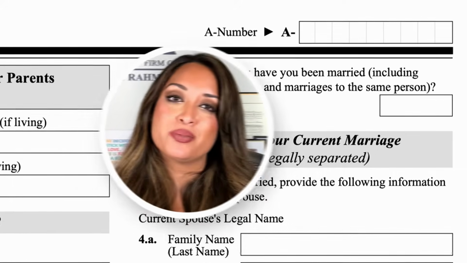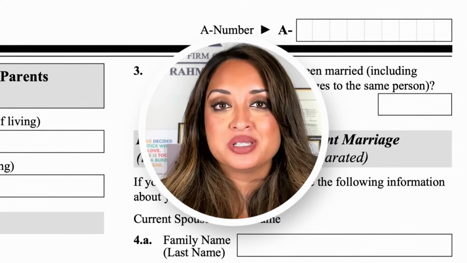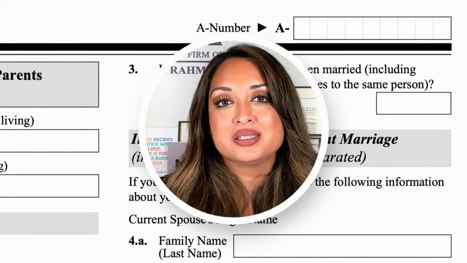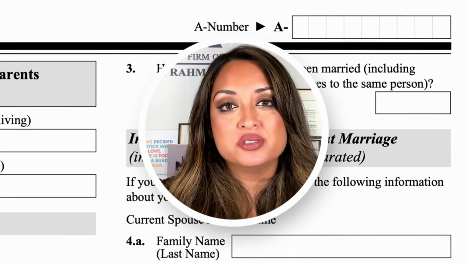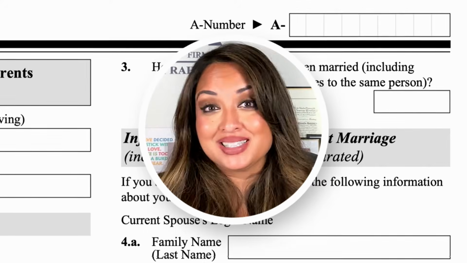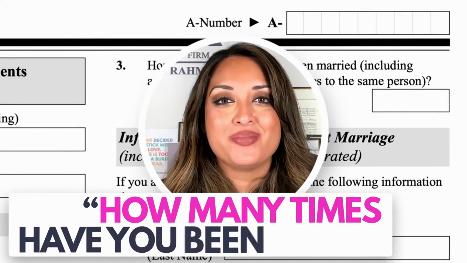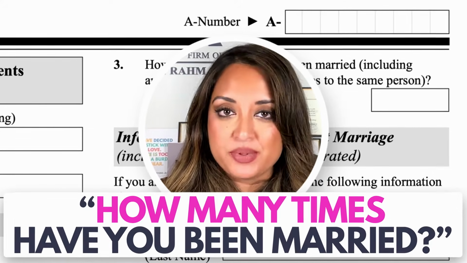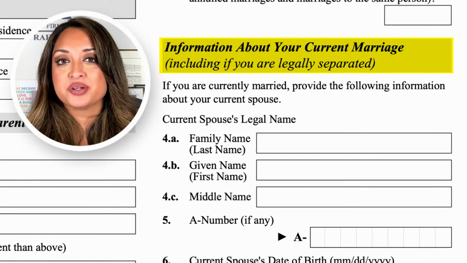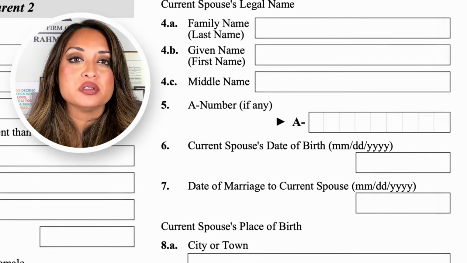But if you have ever been previously divorced or had a previous annulment, or even sometimes if you divorce your partner and then you get married back to them again, then this answer would change from 1 to 2 or however number of times you've previously been married. And as a side note, at your interview, they do ask you out loud, how many times have you been married, which is super confusing for most people, but just so you know, this is what this means. And then you'll see right below that there's information requested for current marriages and for past marital history as well.